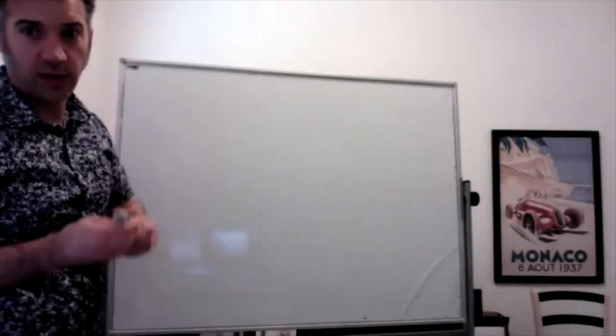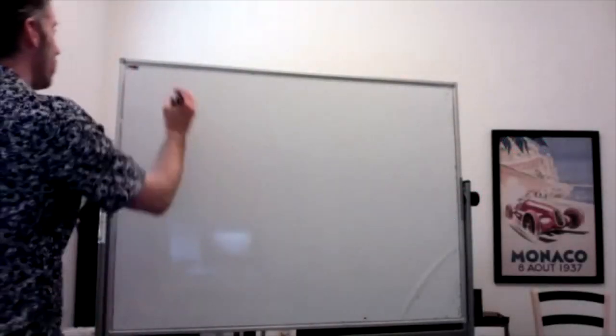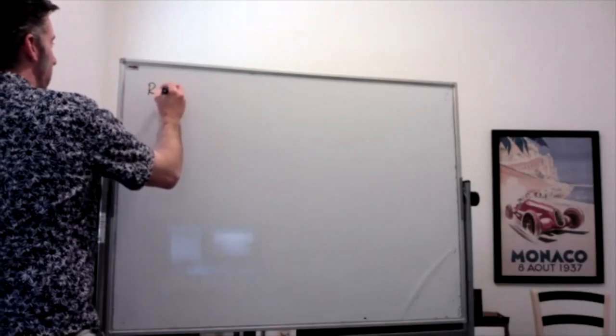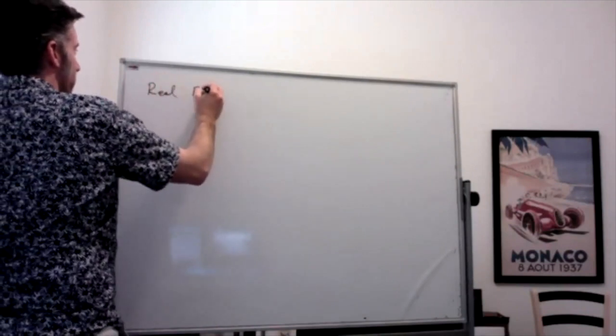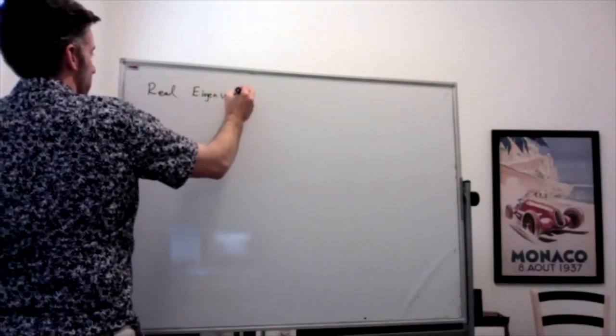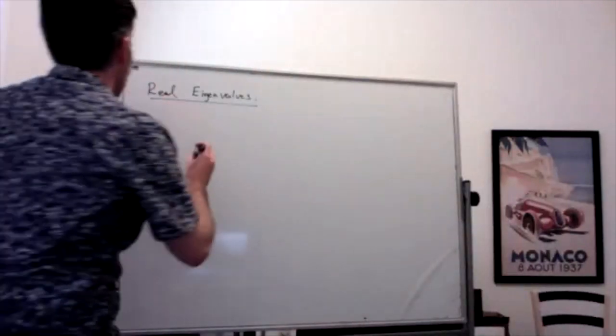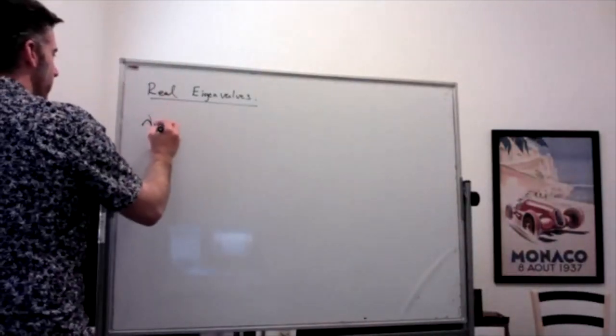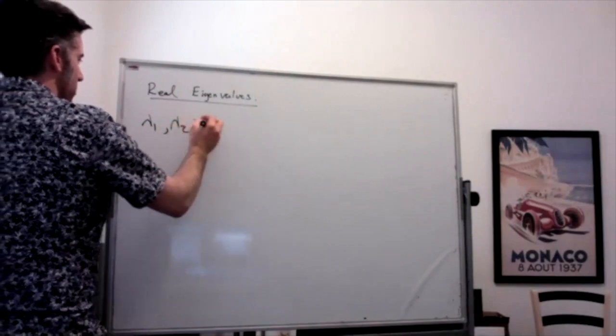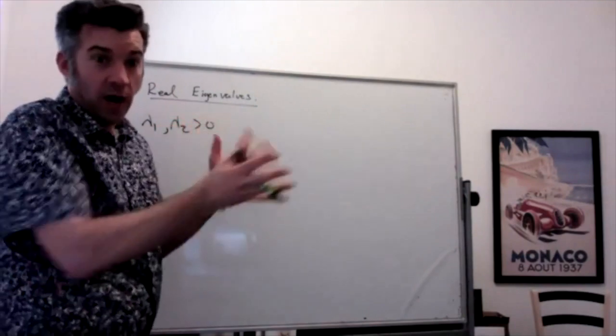Here's what we already know. We already know that if the eigenvalues are real, there are three possibilities. If they're both positive, you have the situation where everything shoots outwards.